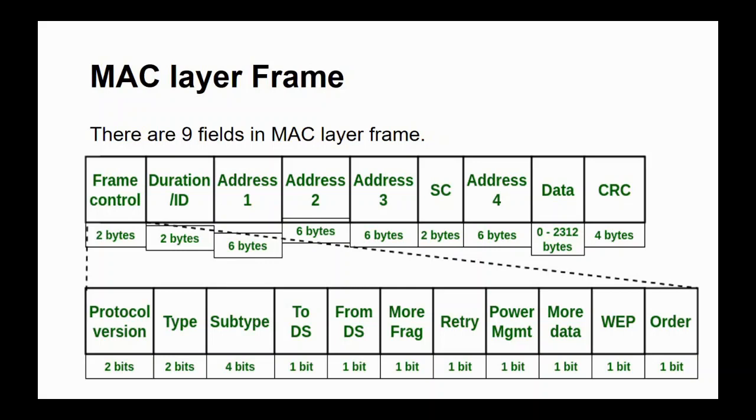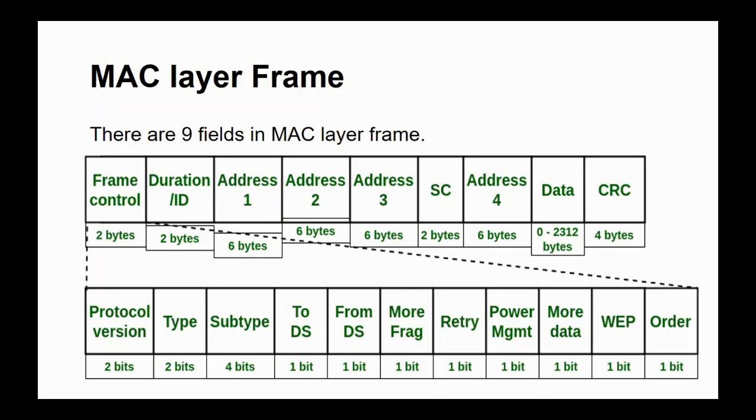Here the MAC layer frame has 9 fields. The first one is the frame control. It consists of protocol version, type, subtype, to DS, from DS, more frag, retry, power management, more data, WEP, and order fields.